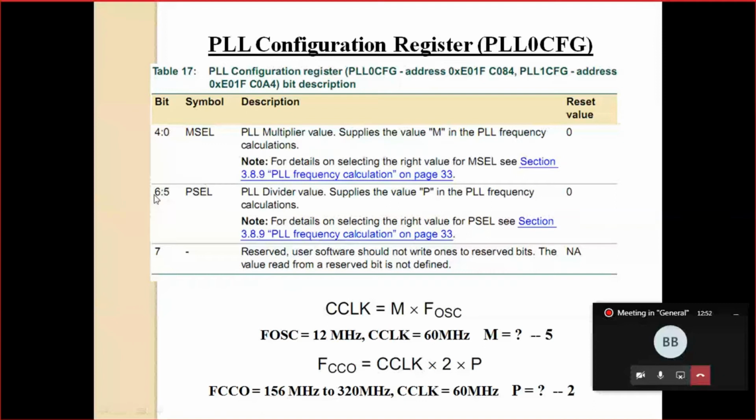Bit number 5 and 6, 2 bits, are used for configuring P value. Here I need to configure C clock as 60 MHz. So what will be the value of M? It will be 5. And what will be the value of P? It will be 2. So I need to configure M cell value as 5, P cell value as 2.